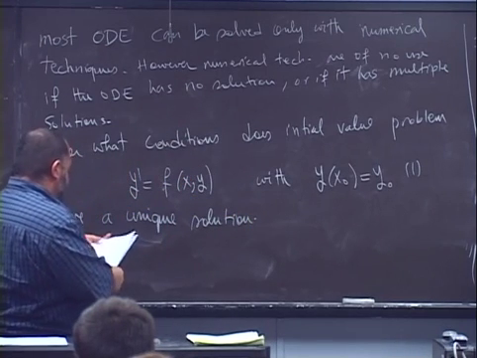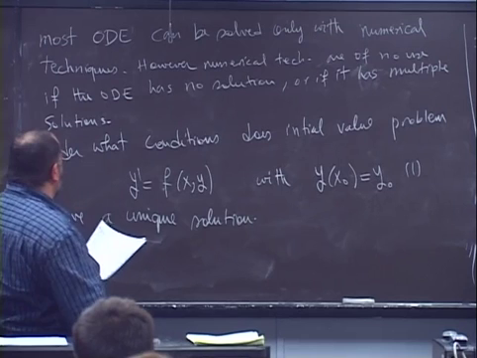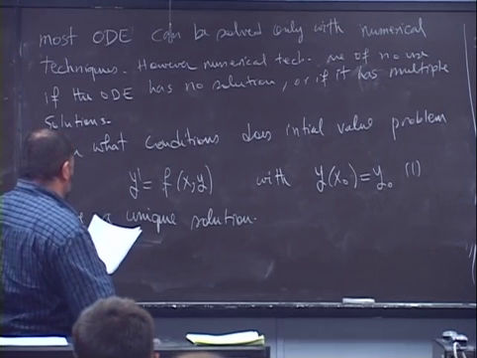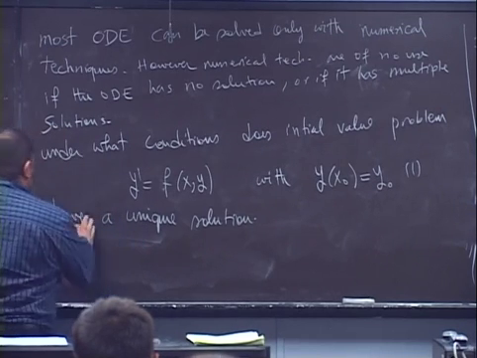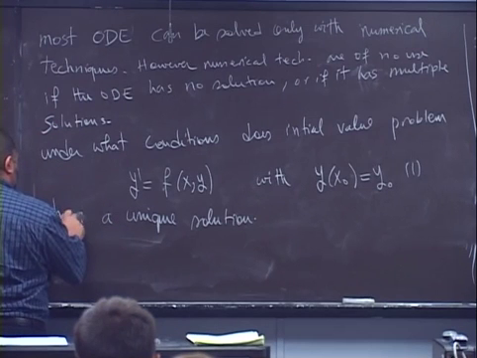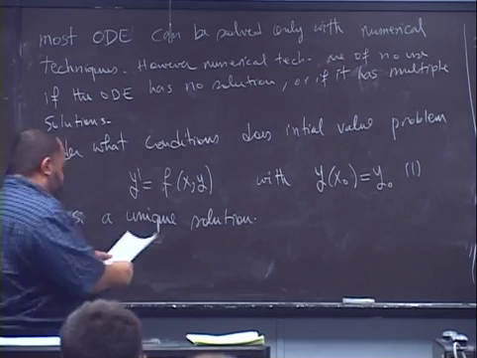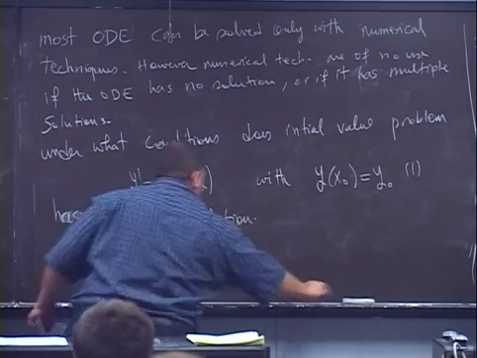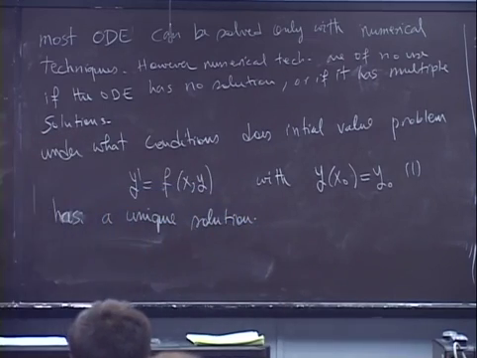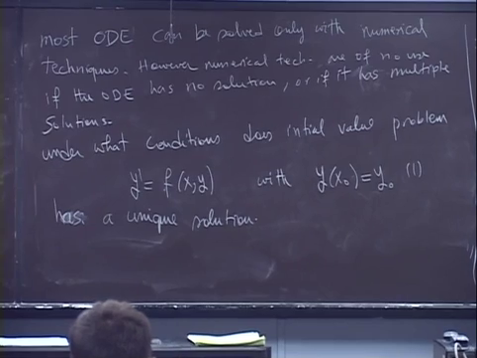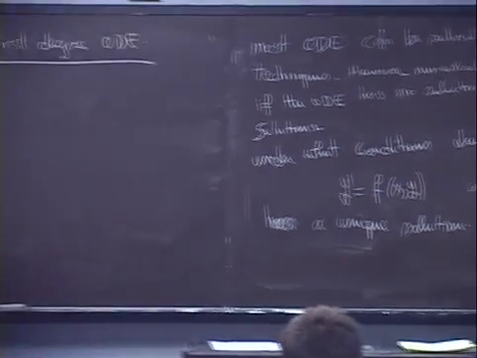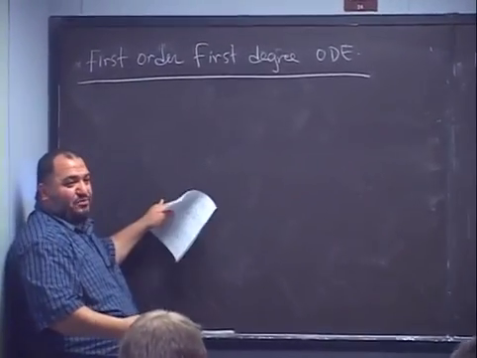So does it have a solution, and if yes, is the solution unique or not unique? So in this case, this is the criteria for checking for uniqueness and existence, and I will give it here without proof.